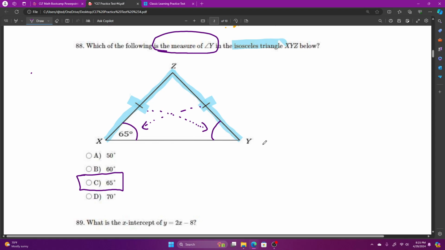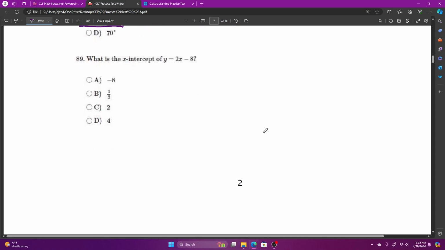And then moving on to question number 89. What is the x-intercept of y equals 2x minus 8? Well, if they were asking for a y-intercept, we're already in slope-intercept form.